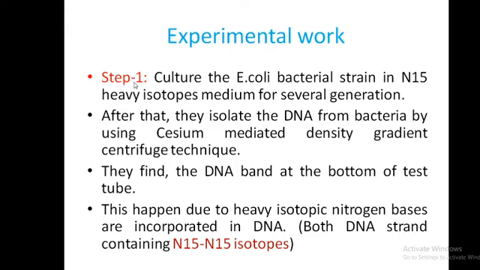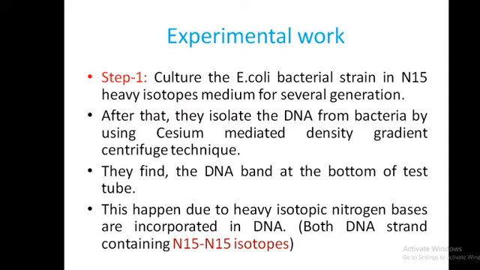Step number 1: culture the E. coli bacterial strain in N15 heavy isotope medium for several generations. After that, they isolate the DNA from the bacteria using the cesium chloride density gradient centrifugation technique. They find that the DNA bands at the bottom of the test tube, see here, due to heavy isotopes.